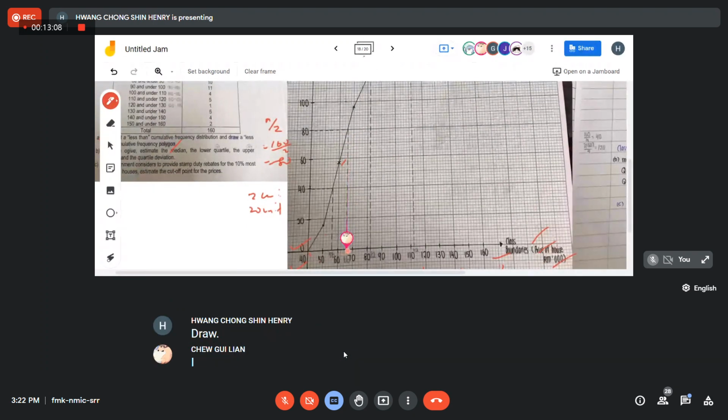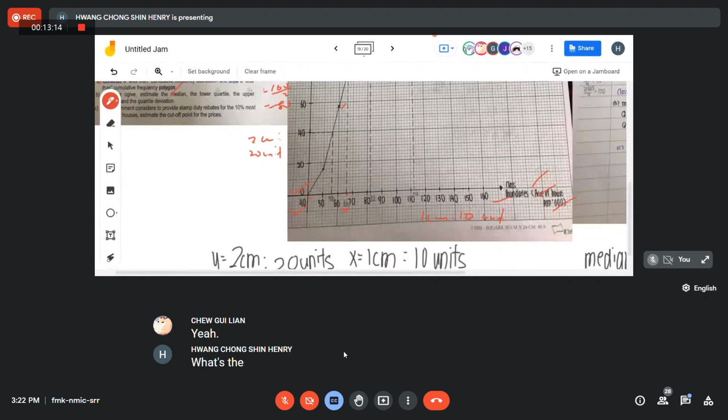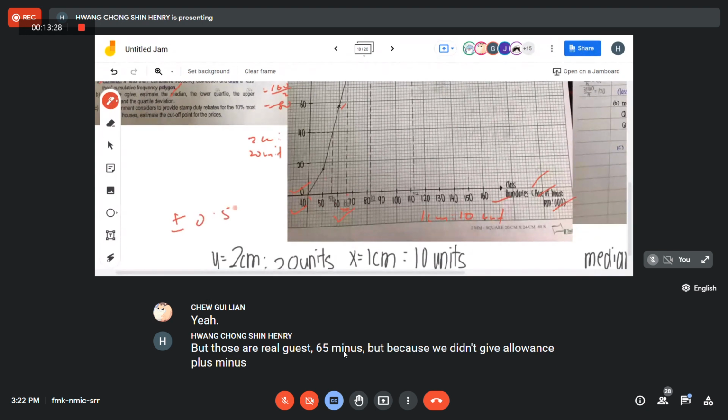I get the 66. Anyone get 66? What's the answer from the question paper? 66, correct. Those of you who get 65, minus what? Because we only give allowance plus minus 0.5. Not too much different. You get 67, also minus what?